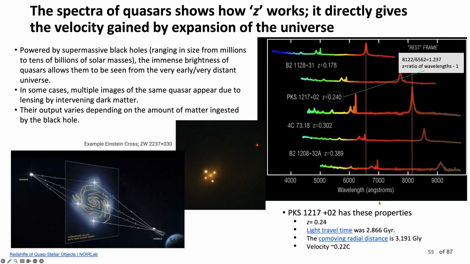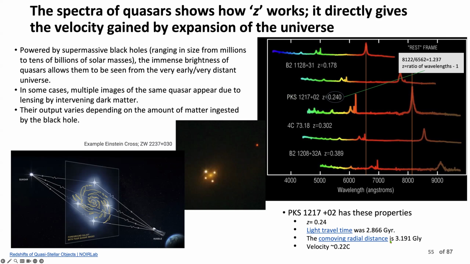And now, just as an example, this galaxy, PKS 1217, has these properties. It has a Z of 0.24, which means the light we now detect from it was produced about 3 billion years ago. There's that giga years that I failed to define in the first hour.